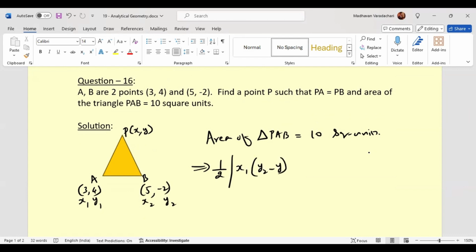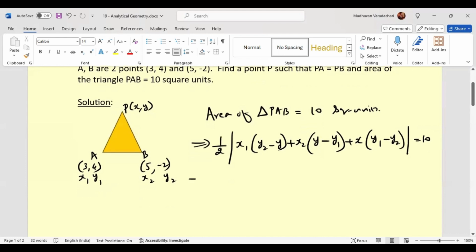Instead of y3, it is y now, plus x2, y3, instead of y3, it is y, minus y1, plus instead of x3, it is x, and y1 minus y2. This is given as 10.